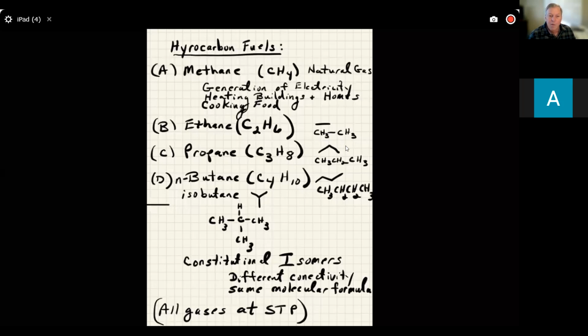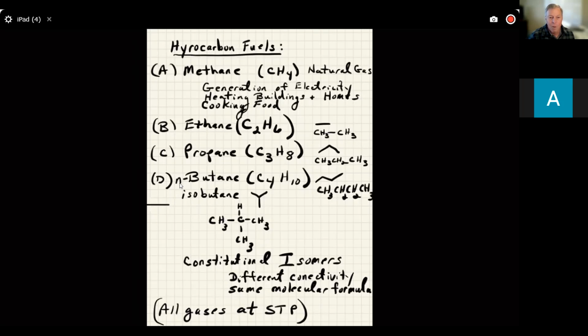Now, this 4th one, D, butane. Notice I have an N. The N before the butane means normal. I don't know where that expression comes from, to be honest with you. Carbons are not normal or abnormal.